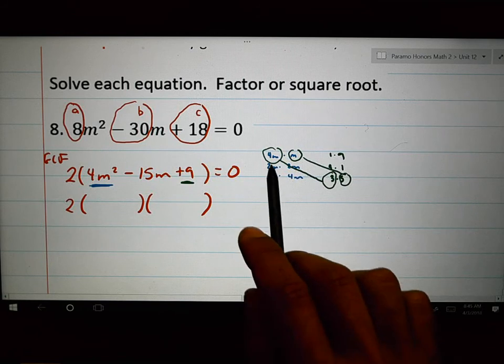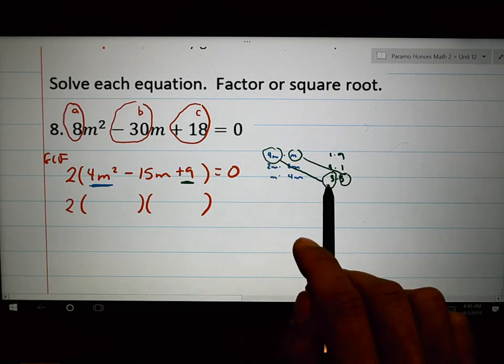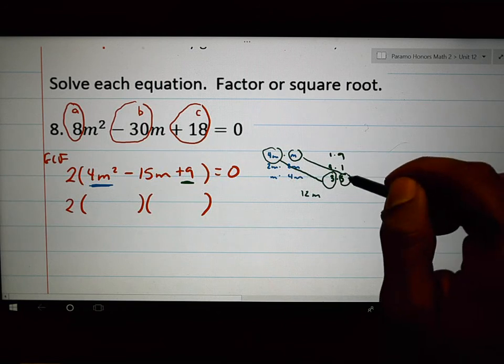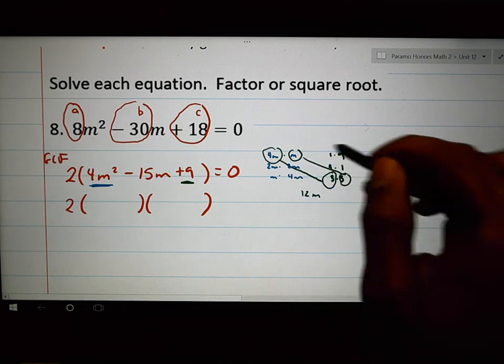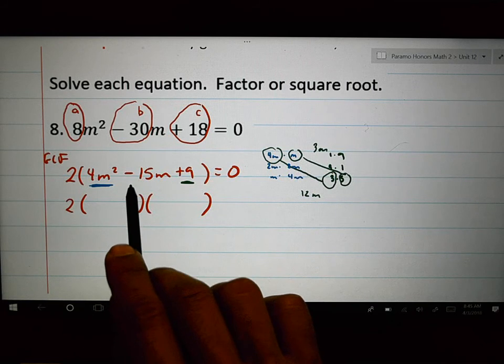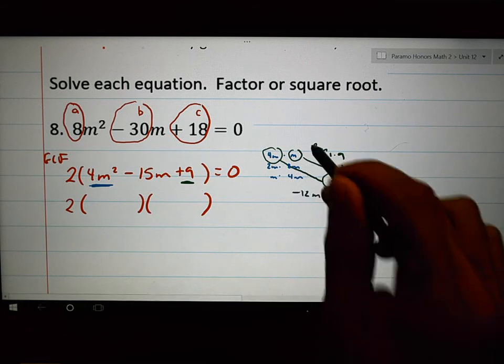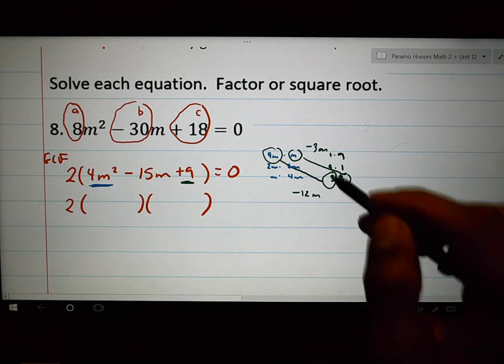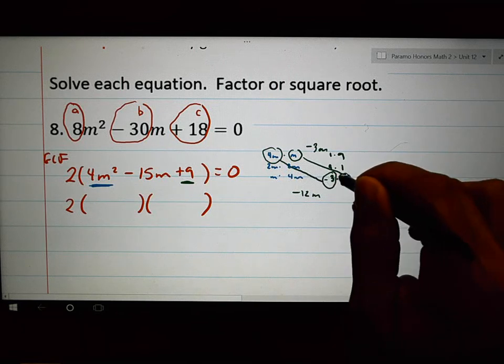What do you get when you multiply 4m times 3? And I kind of keep that in my head. And then I do this. What do you get when you do m times 3? Is there a way to get to negative 15? What if it was like this and this? Would that give you negative 15? How could I get that? Let me put a negative there and a negative there.